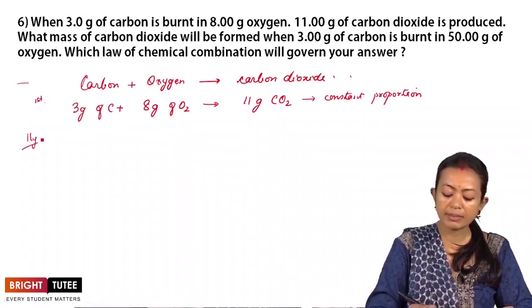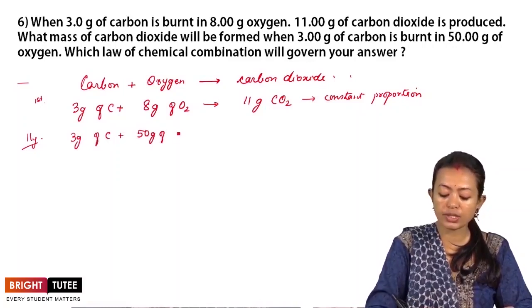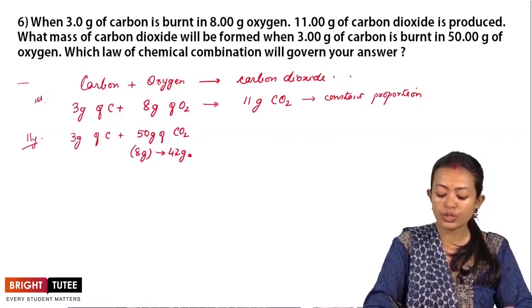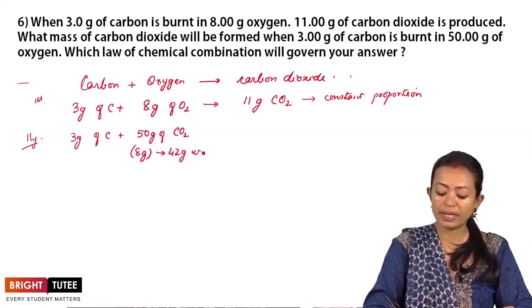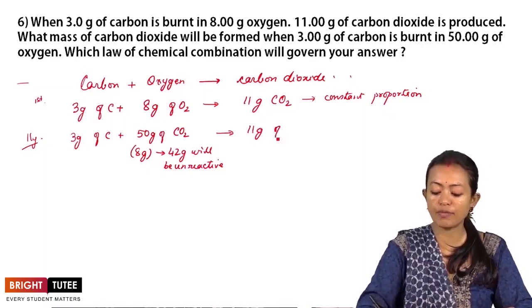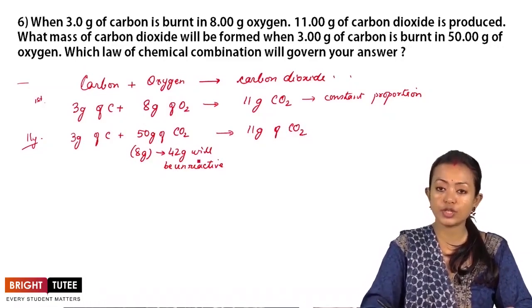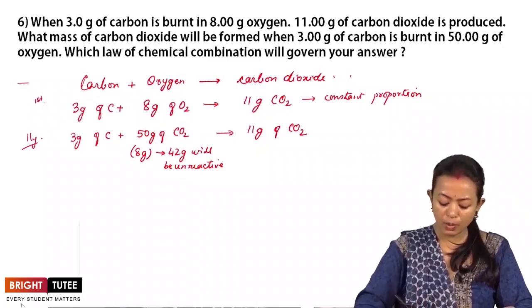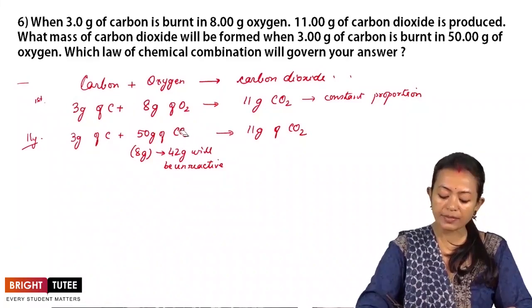Similarly, when 3 grams of carbon reacts with 50 grams of oxygen, out of this 50 grams, only 8 grams will react, and the remaining 42 grams will remain unreactive. Thus 3 grams of carbon will react with only 8 grams of oxygen to form again 11 grams of carbon dioxide, and the 42 grams of oxygen will remain unreactive.